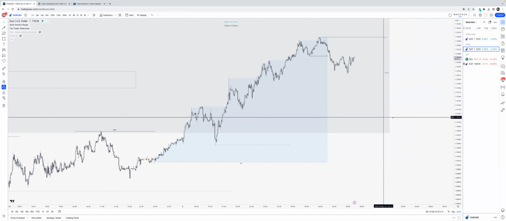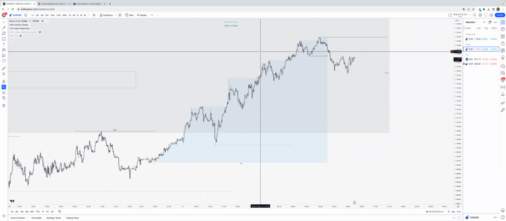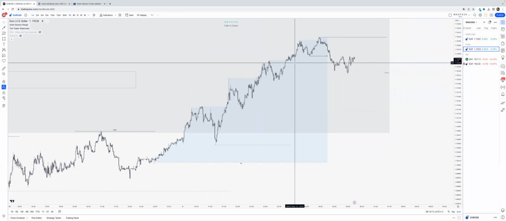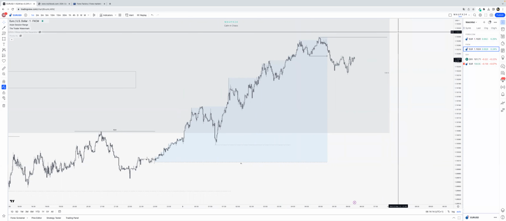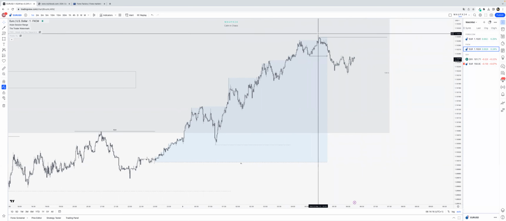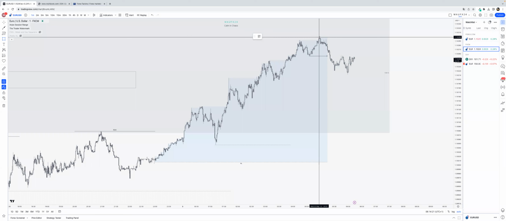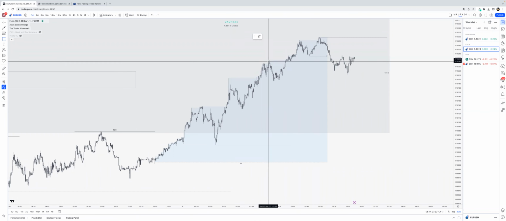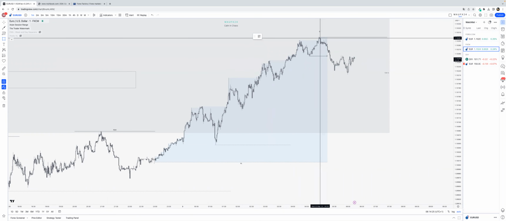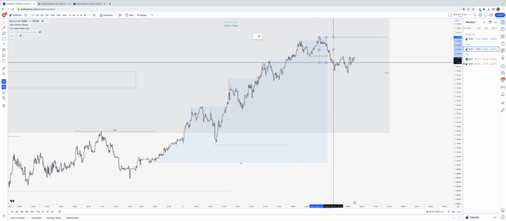Gotta say this looks quite good, but that London volume or that Frankfurt volume might push price above. And now we have our early sellers. Got some early sellers over here, but just like proper break.